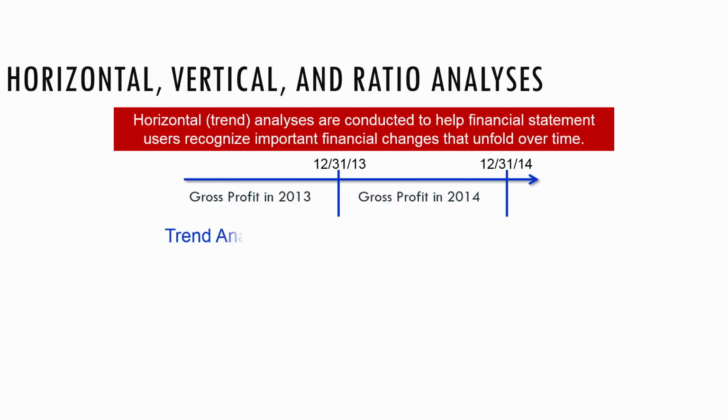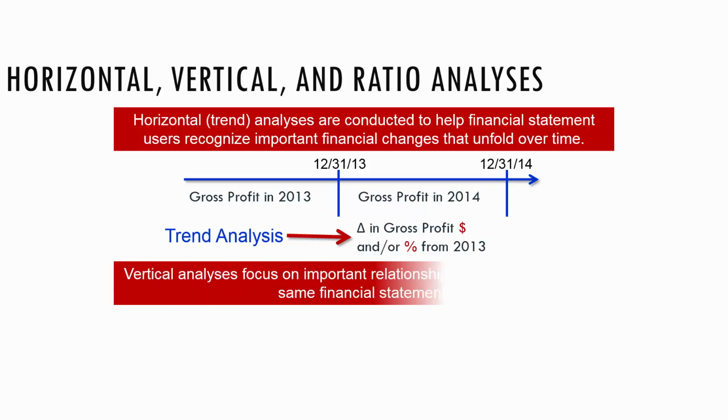So it could be that you're going to look at gross profit from one period of time to the next. Think of it as a financial statement showing the numbers for 2 consecutive years. All you're doing is trying to calculate the percentage change from one time period to the other. And you always start with the earliest time period. So in this case it would be 2013, and you go on to 2014 to calculate the percentage.